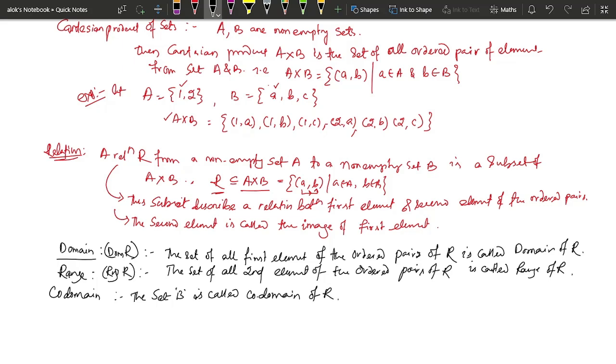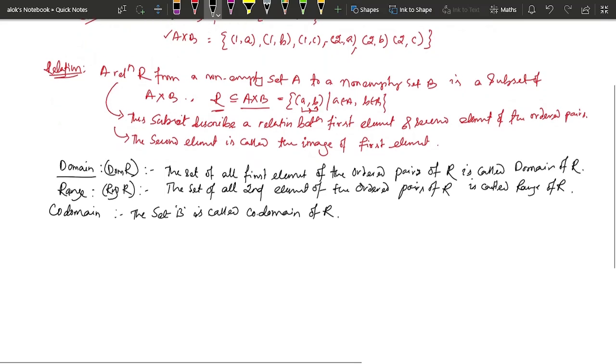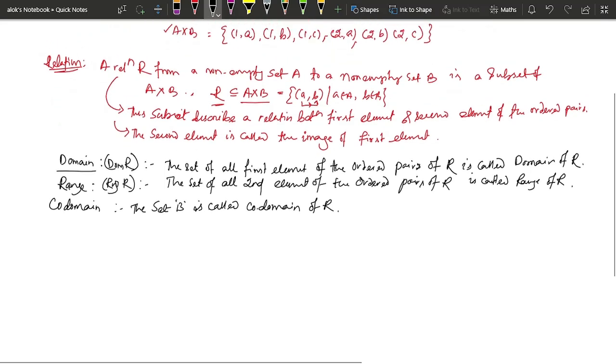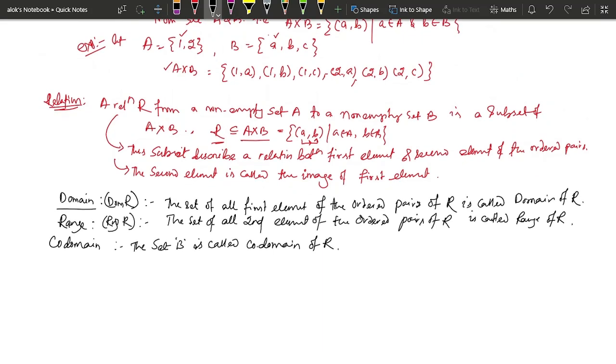Now we'll see an example. Suppose in the first example we have this Cartesian product. I am taking a relation which is a subset of A cross B, that is, I am taking 1a, 1b, and 2b, 2c.